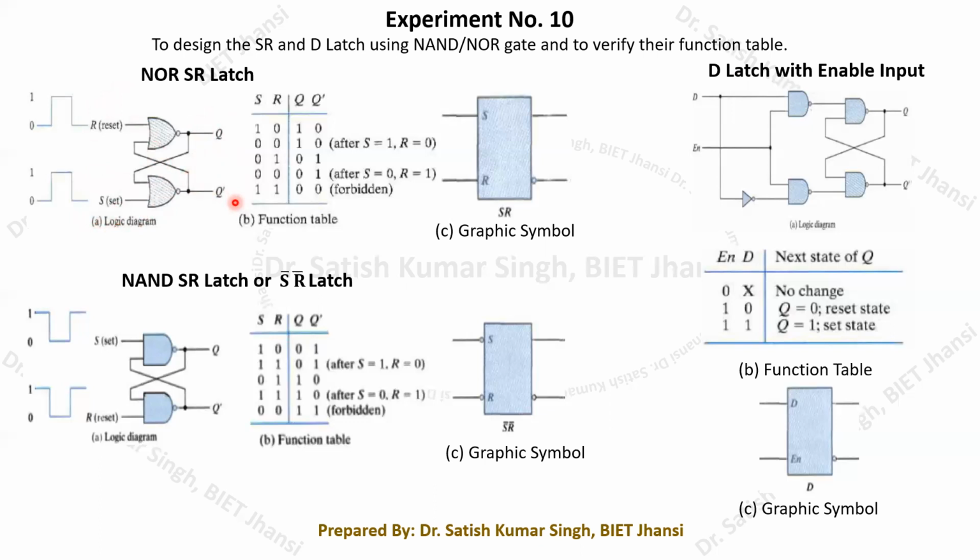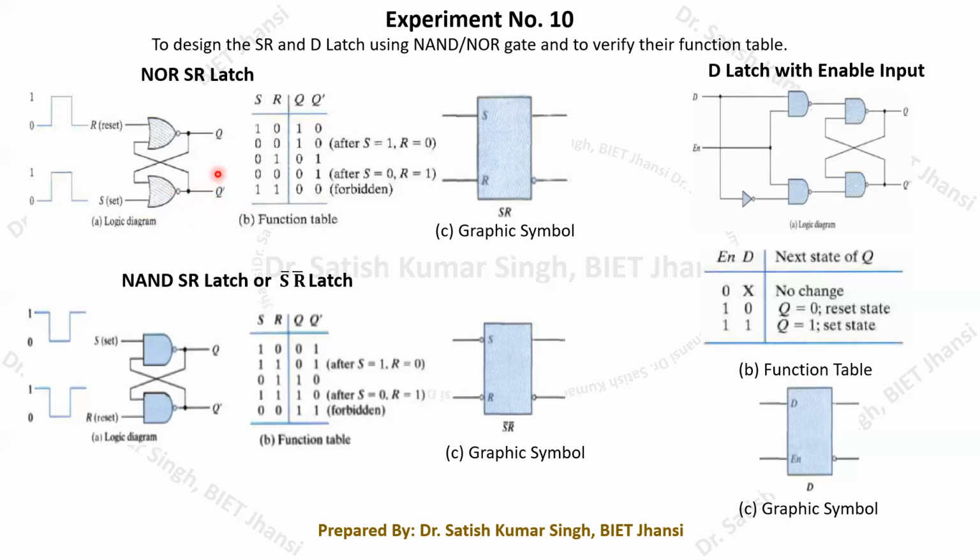For example, if Q is 1, obviously Q dash should be 0, because this output has to be the complement of Q. Whatever input combination drives output Q high and Q bar low is known as the set input condition.